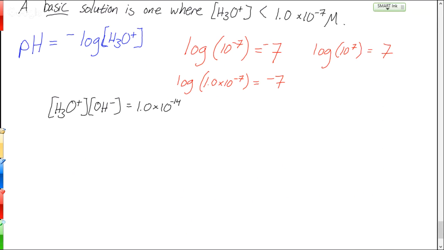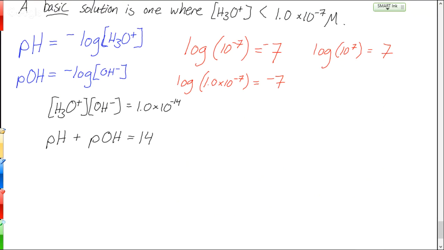So that means we can also calculate a pOH, which has the same calculation, but just with the hydroxide concentration. Another way that we can state that equation that we just wrote is that the pH plus the pOH equals 14.